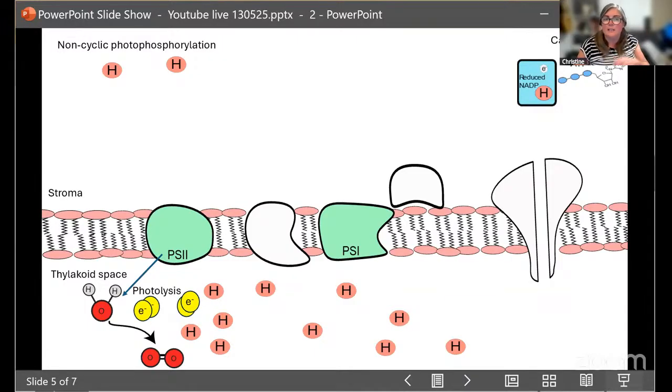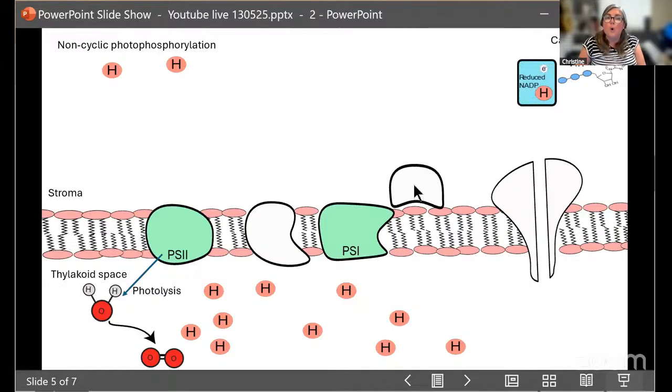I say it photolysis to remind myself that it's photo, light, lysis, splitting. So because of light, we are going to split the water molecules up into our oxygen and our hydrogen ions and our electrons. And therefore, the electrons can be taken back into photosystem 2.